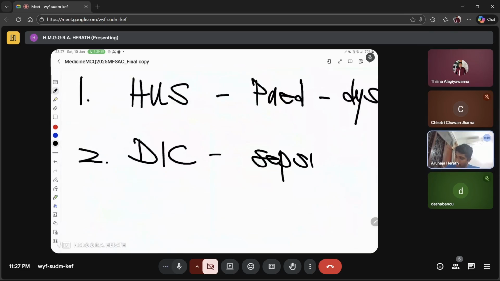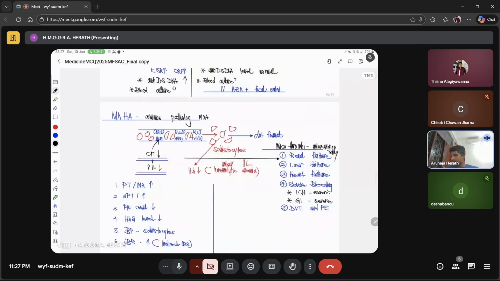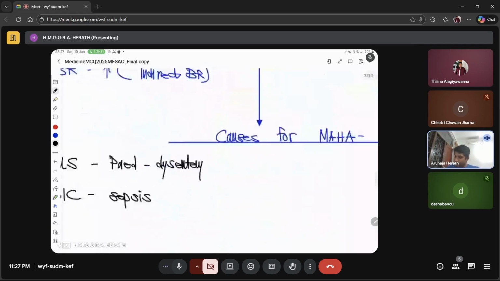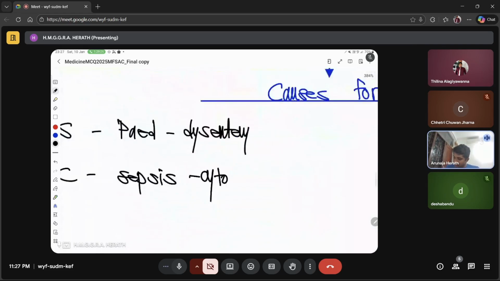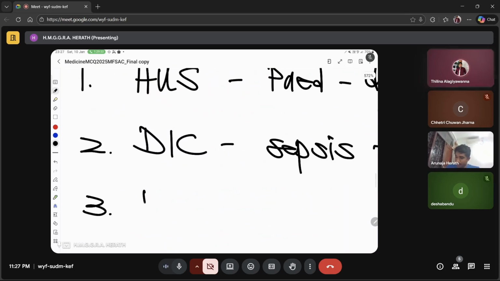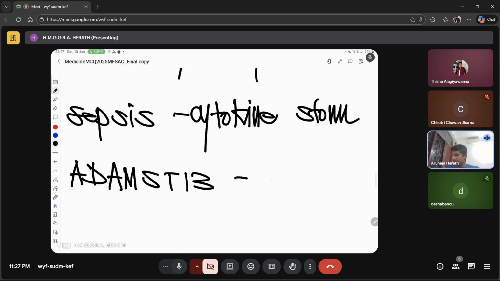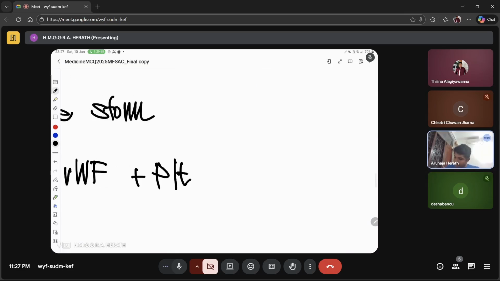Sepsis patients, if they get activation of clotting factors due to the severe infection and cytokine storm, that will cause DIC. Any other reasons for MAHA? TTP, right? In TTP there is a defect of the ADAMTS13 protein. Because of that, von Willebrand factor and platelets cause clots, and these cause hemolysis.